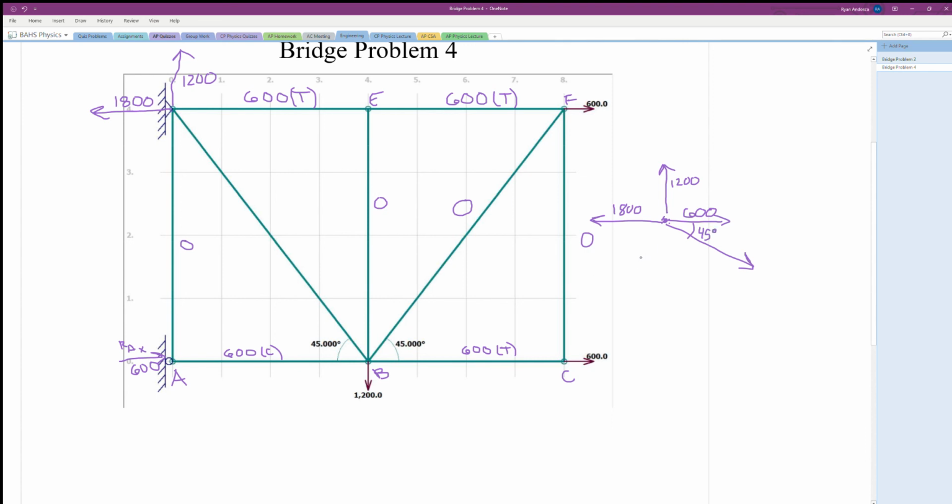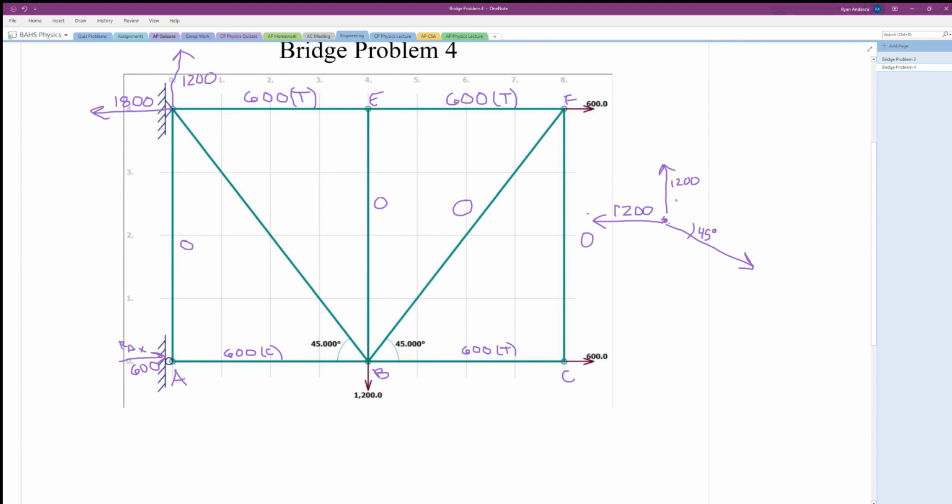All right, so let's combine this 600 going to the right and this 1800 going to the left. So let me go ahead and get rid of it. We've got a combination of 600 right and 1800 left, which is 1200 left.